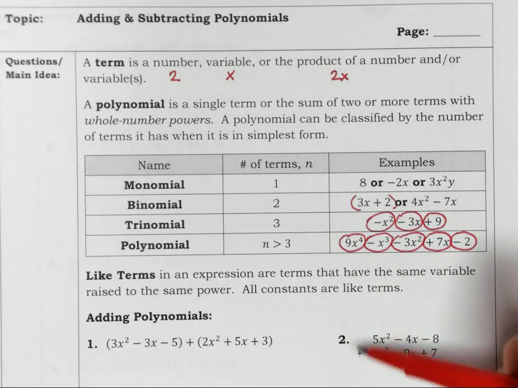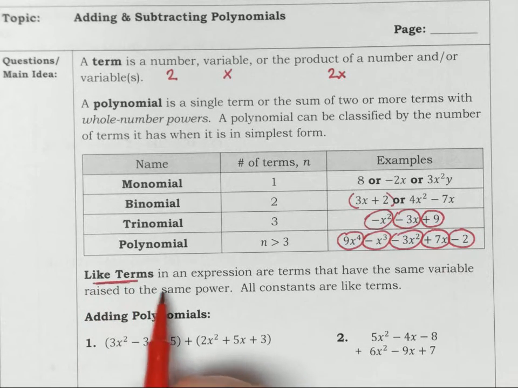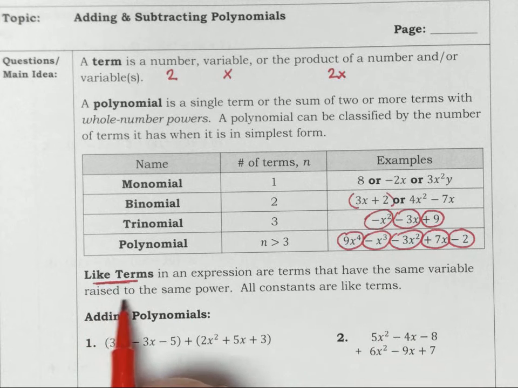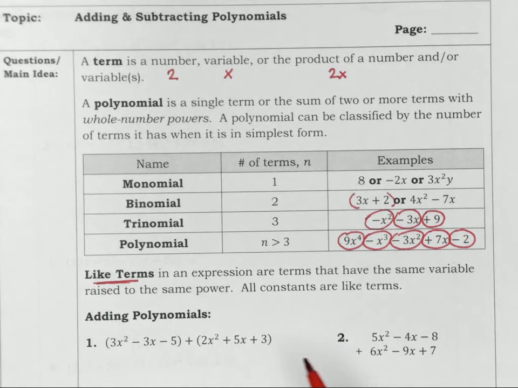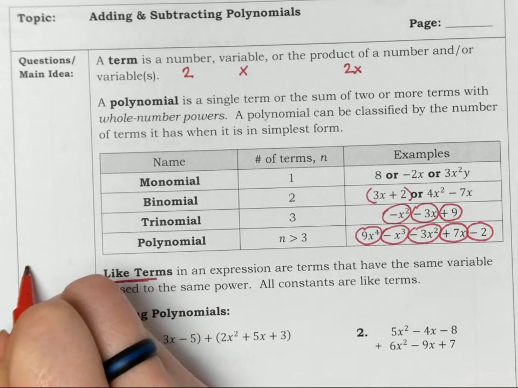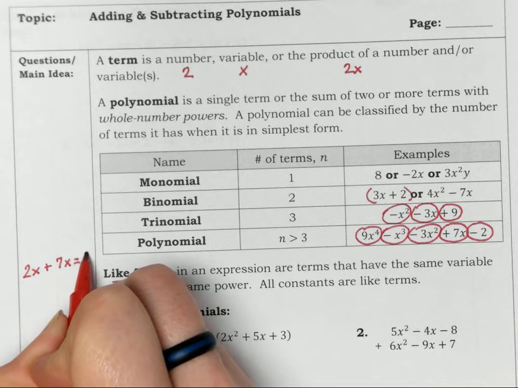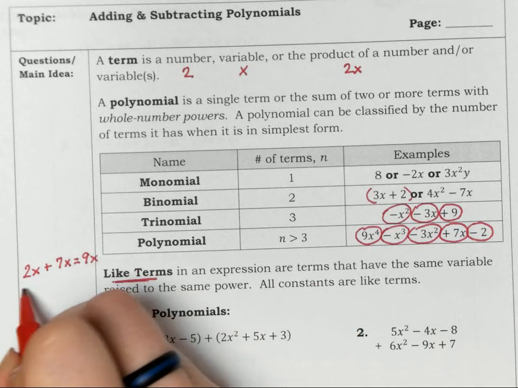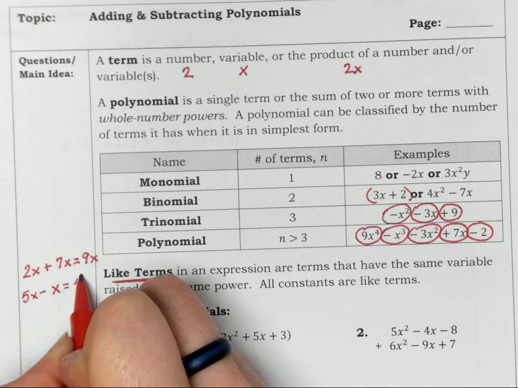And basically, adding and subtracting polynomials just means I take like terms that have the same variable raised to the same power, and put them together. So like terms, I could say 2x plus 7x, and that would give me 9x. I could say 5x minus x, and that would be 4x.